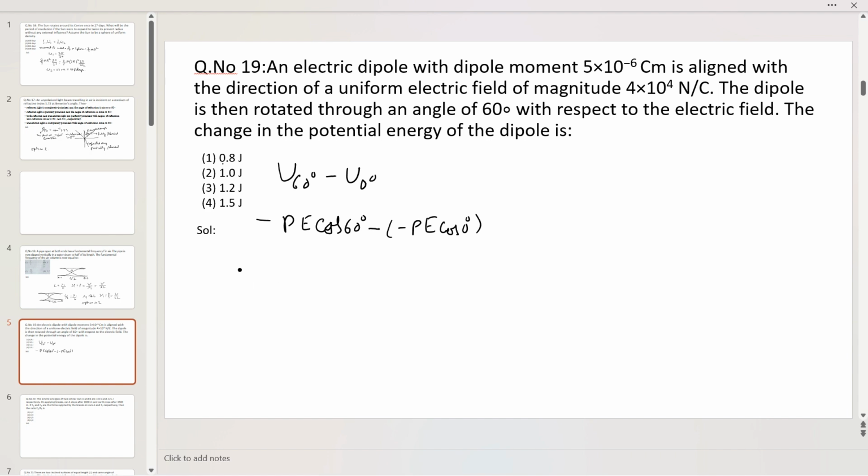Now if you place the values, the dipole moment is 5 into 10 to the power of 6 and the electric field is 4 into 10 to the power of 4: minus 5 into 10 to the power of 6 into 4 into 10 to the power of 4, cos 60 degree which is 1 by 2, plus 5 into 10 to the power of 6 into 4 into 10 to the power of 4, cos 0 is 1.